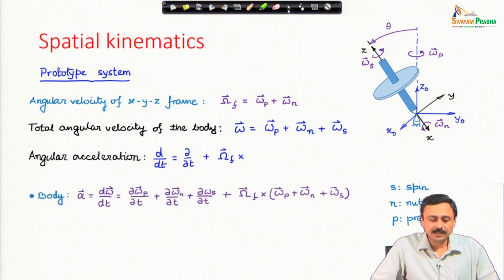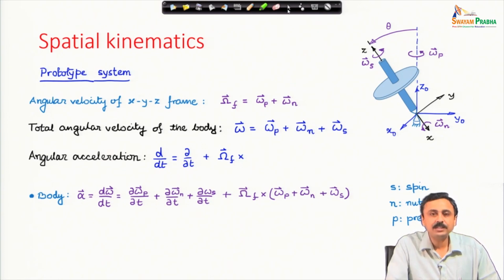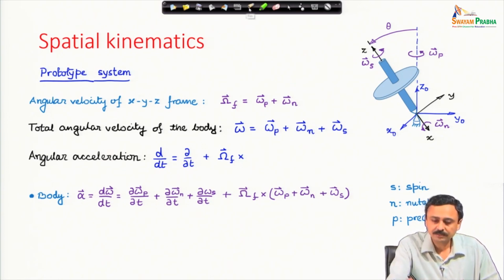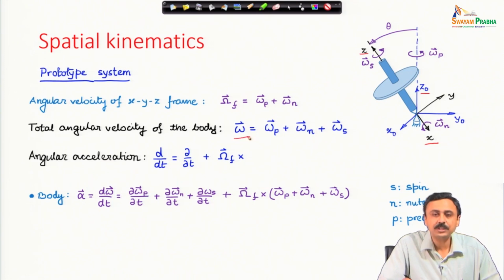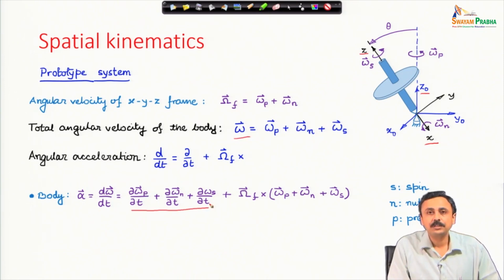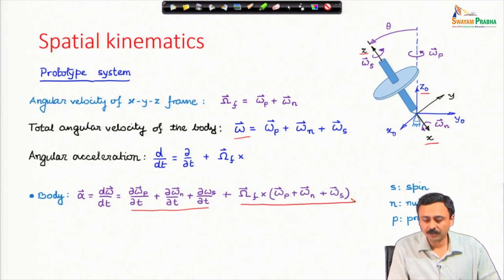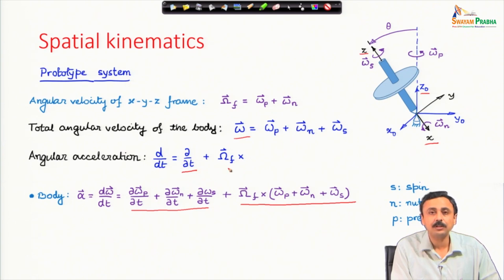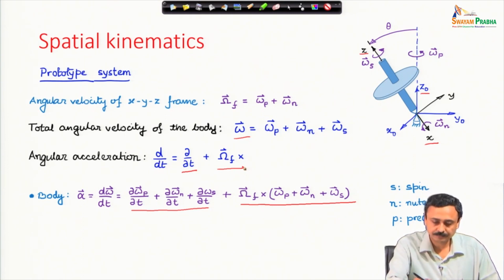Therefore, the angular acceleration of the body will be given by d omega dt, the rate of change of the angular velocity. Now, there are two terms: the local derivative del del t, and because of the frame rotation, omega frame cross the total angular velocity vector.